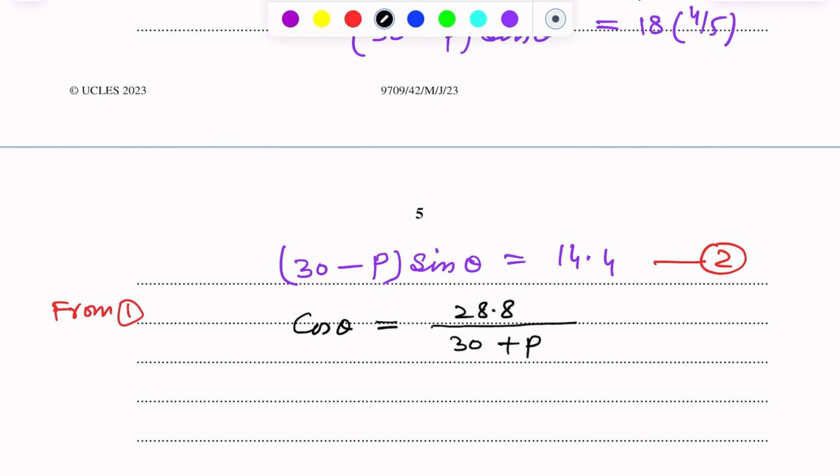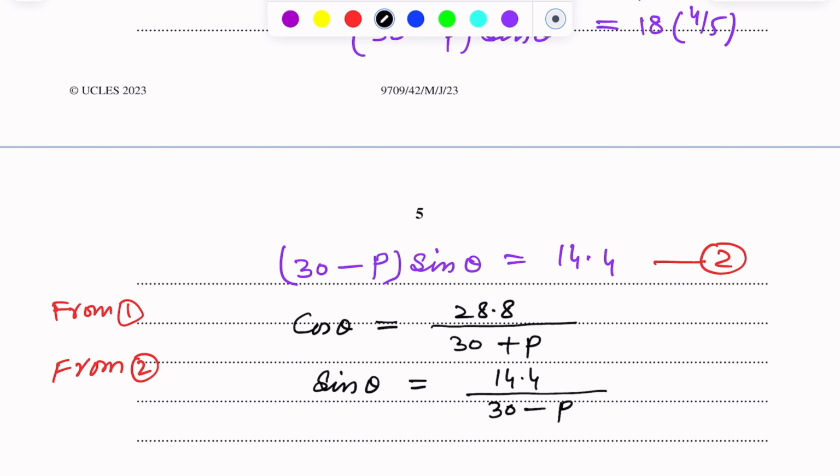From equation 2 we are making sin theta the subject. Sin theta will be 14.4 over 30 minus p.